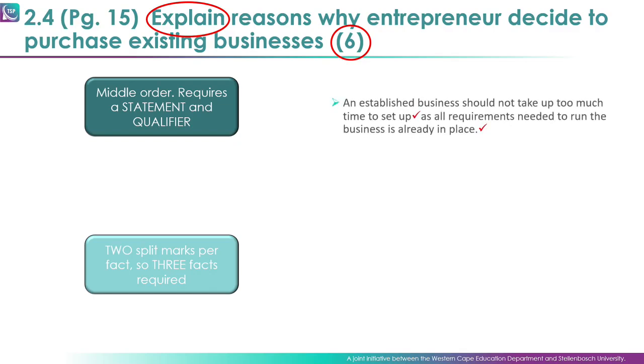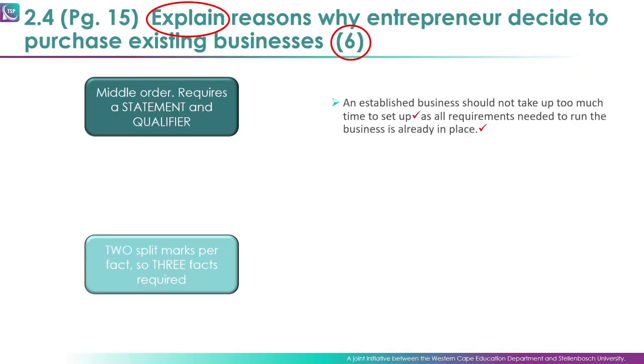So let's have a look here. It says, an established business should not take up too much time to set up, as all requirements needed to run the business is already in place. Okay, so if we refer to what Mr. Van Zyl was saying earlier, to justify your statement, you're giving that qualifier. So let's just go back to that possible answer.